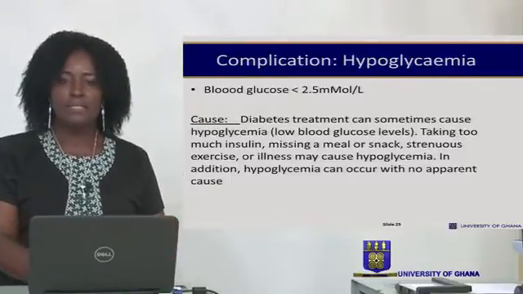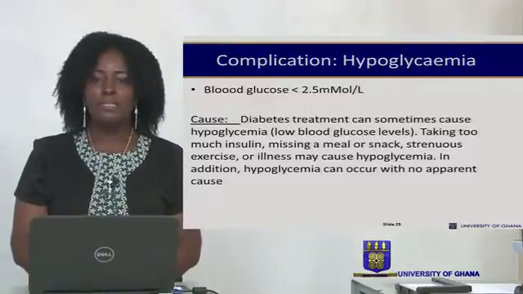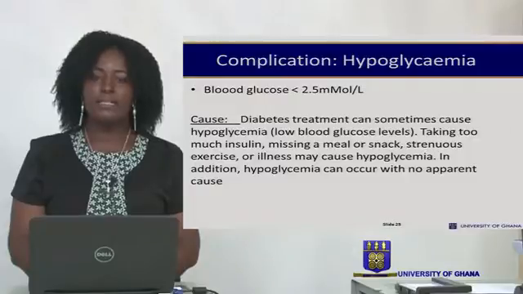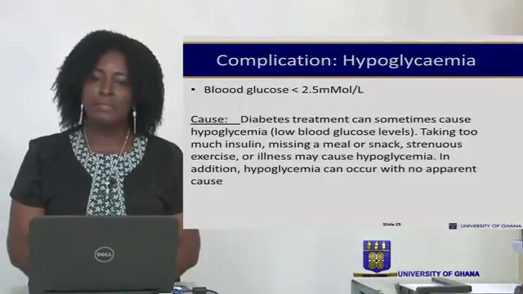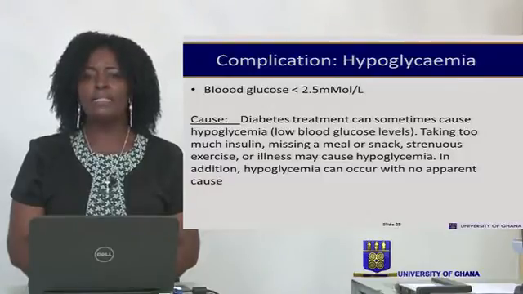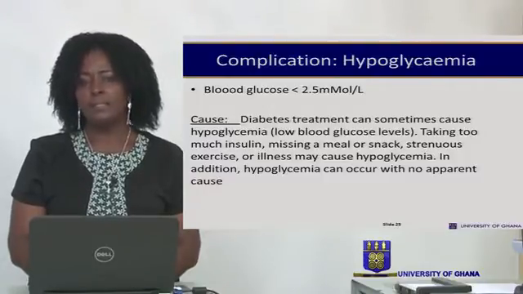And when we're giving children insulin, it is very important that we teach them how to take snacks in between meals, and also to note that depending on the type of insulin the child takes, there may be the need to take a meal at the time the insulin peaks, so that will prevent hypoglycemia.